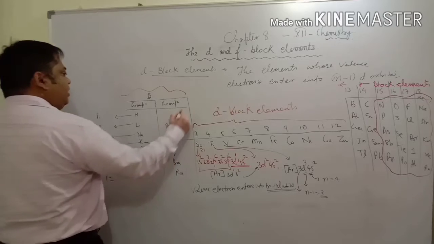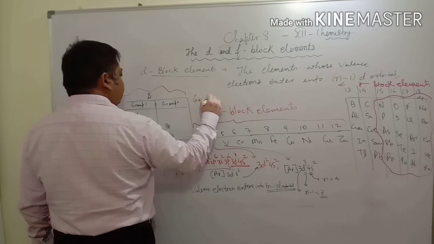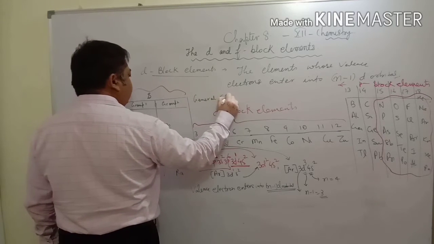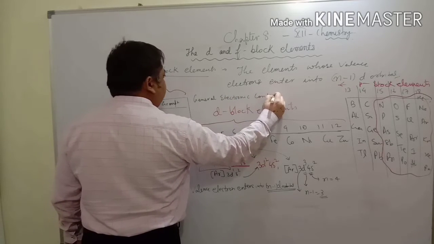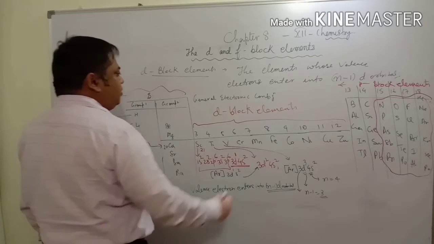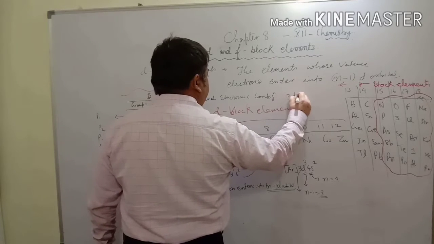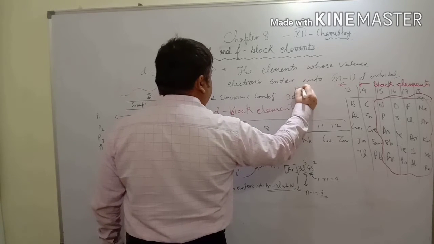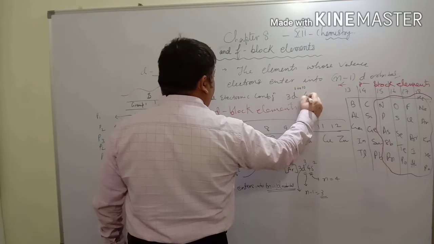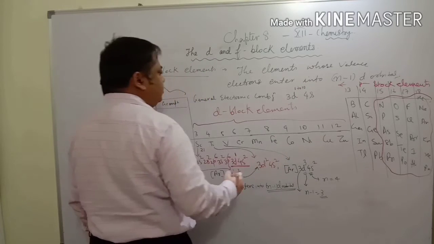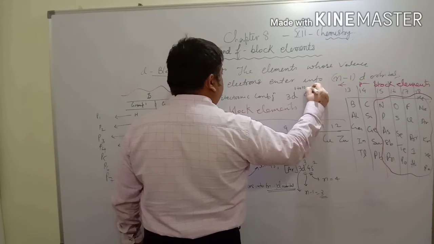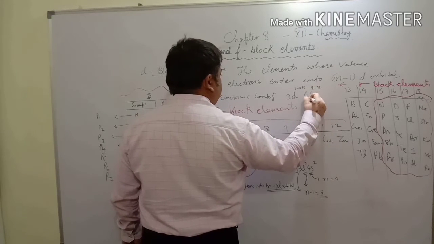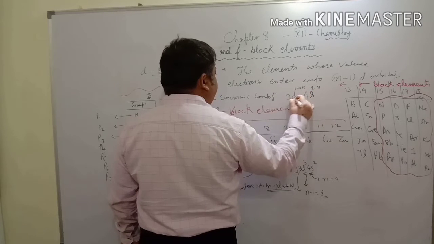So the general electronic configuration will be 3d 1 to 10, 4s 1 to 2. Sometimes half filled is taken to make it fully filled.